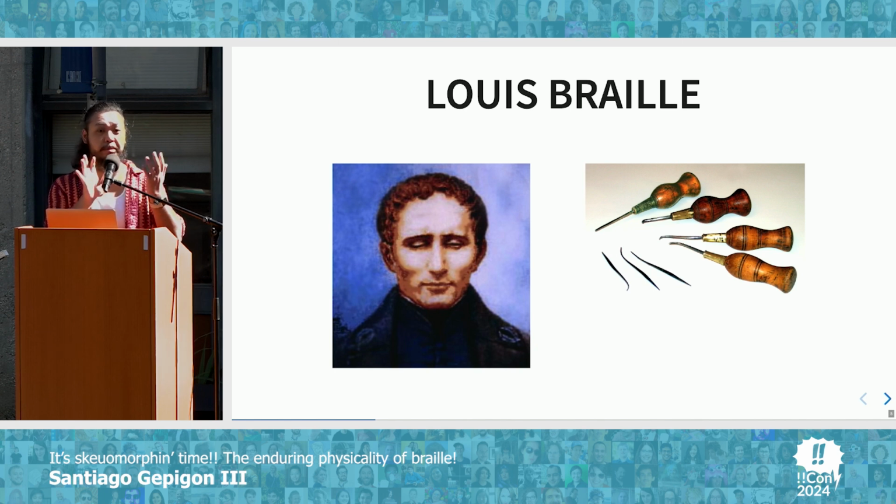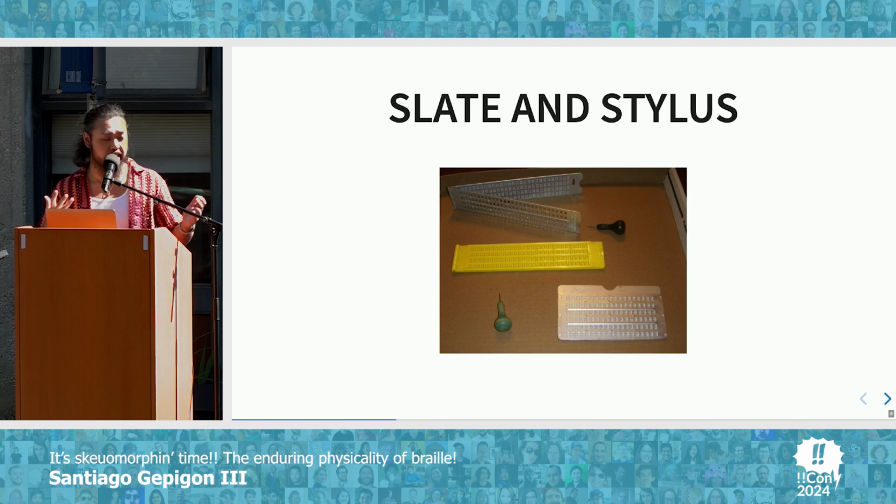Basically, you do this kind of Missy Elliott move where you flip the paper, reverse it, go backwards, and when you read on the other side, you'll have this piece of raised writing.